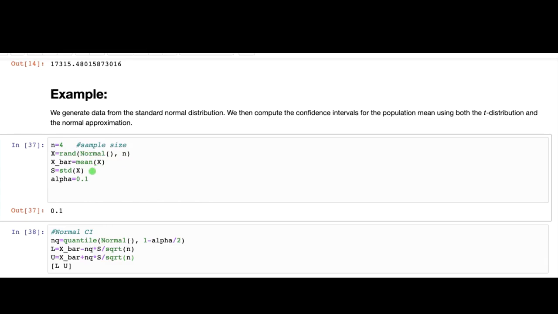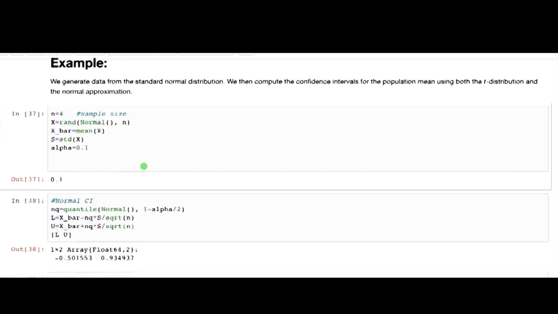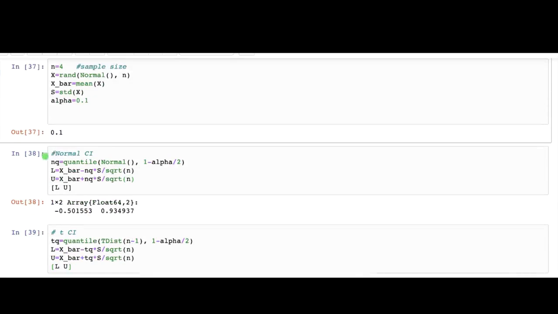We want a 90% confidence interval, so we take alpha to be 0.1, in other words 10%. In order to compute the normal confidence intervals, we find the normal quantile at the 1 minus alpha over 2 level. We compute the lower value, which is x bar minus the quantile times s over the square root of n. Similarly, the upper is given as follows, and the confidence interval is given as the interval from L to U, which in this case is from minus 0.5 to 0.93.